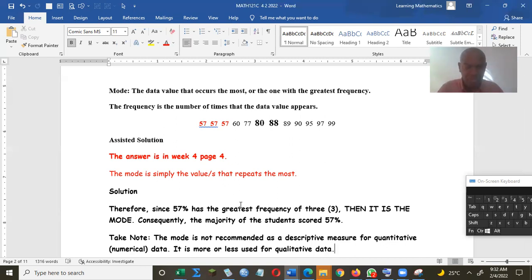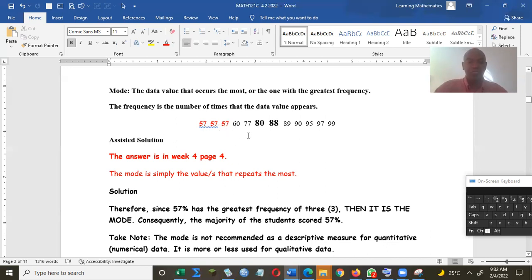They are all averages. They are all called central tendencies, okay? However, it is not really recommended to use the mode when we're talking about quantitative data, because it can be misinformation. It can mislead, if you want to put it that way. Here is a classic example. The mode is not really communicating what is really happening.